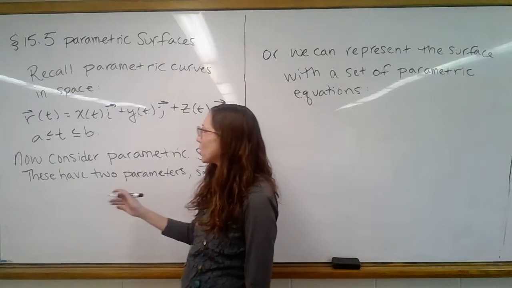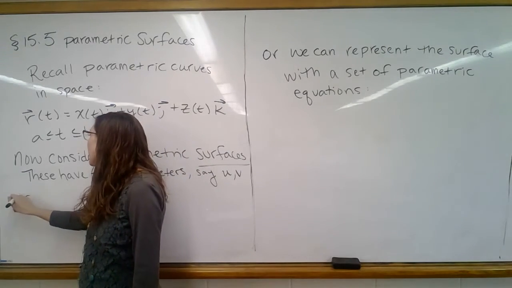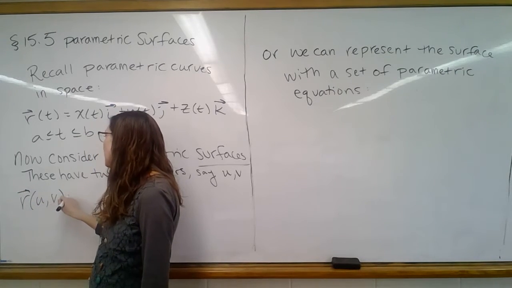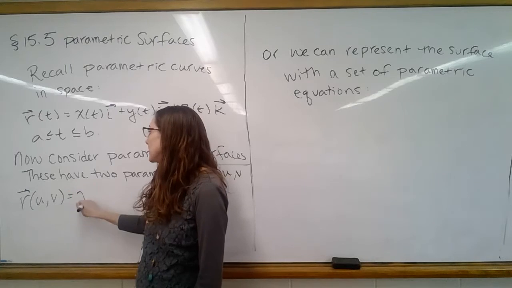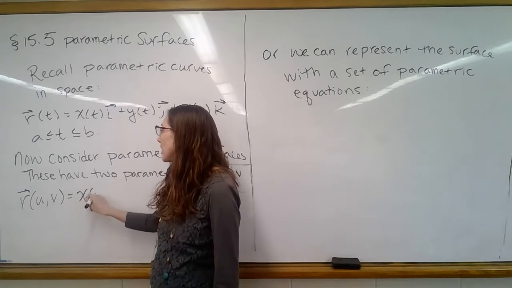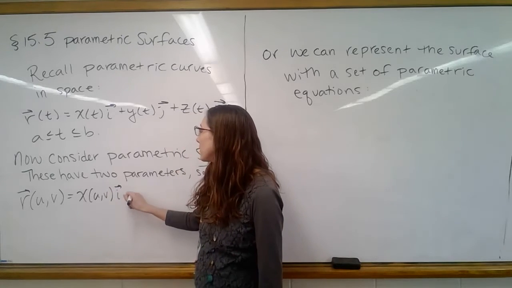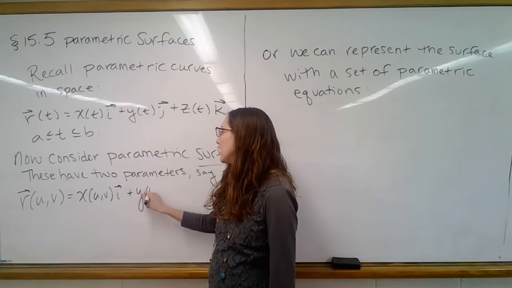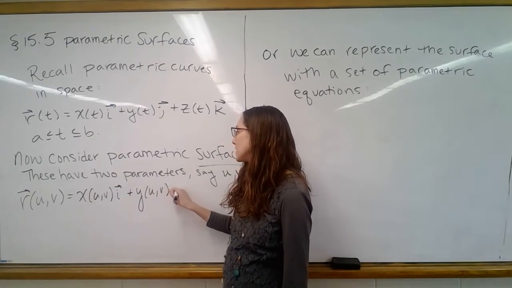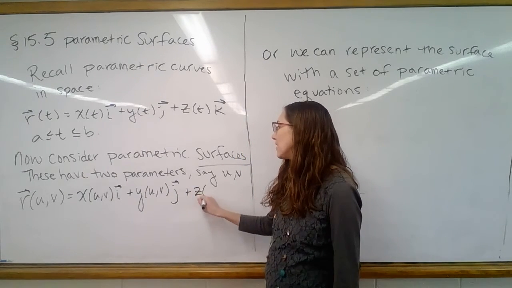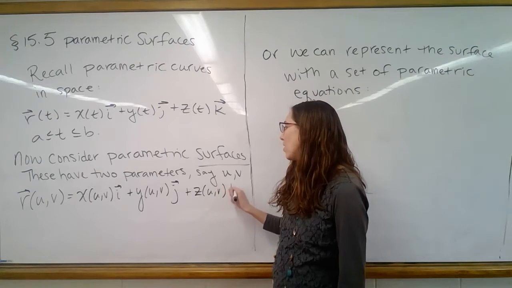So what this is going to look like is a multivariable vector valued function. We're going to have r of u v. So this is going to be some x component: we would have x of u v all times i, plus y of u v, say all times j, and plus a z of u v all times k.